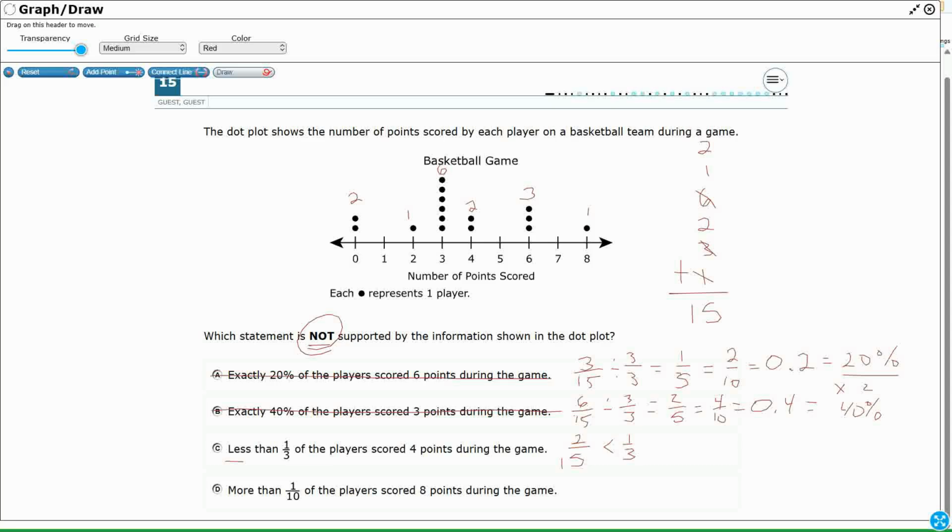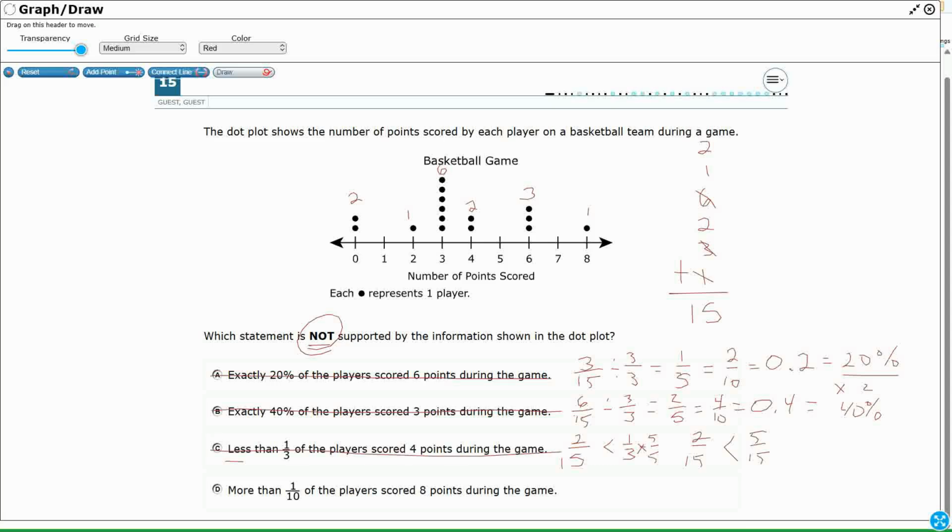So that's the statement we have to deal with. Let's just make equivalent fractions. I'm going to multiply this by 5's. And so that's going to give me 5/15. So is 2/15 less than 5/15? Yes. So I'm thinking it's D, but let's verify.